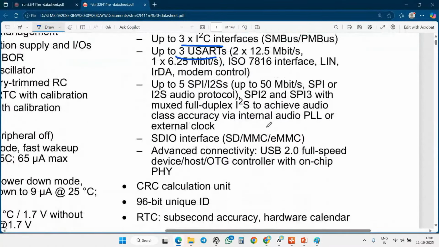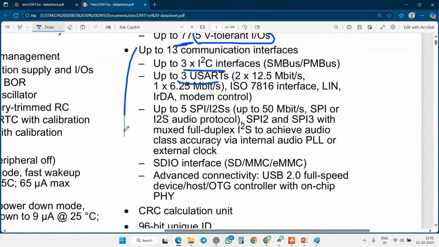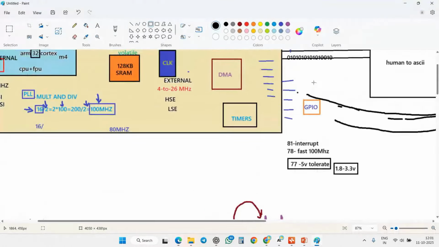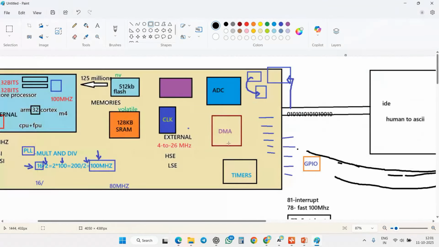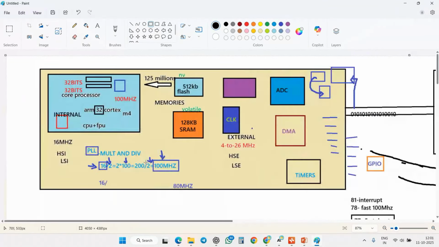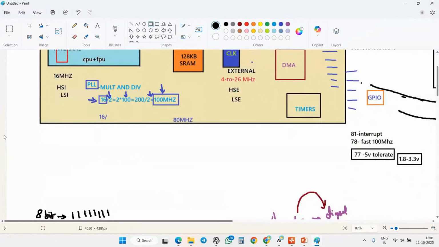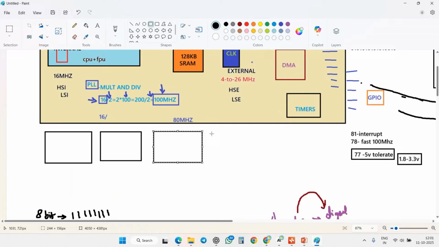Finally, we have a very important parameter called communication protocols. Up to this point the GPIO pins can send and receive data, so why do we need to specifically go for the protocols? Here I am going to show my communication protocols, guys.